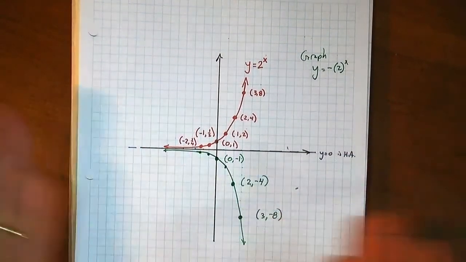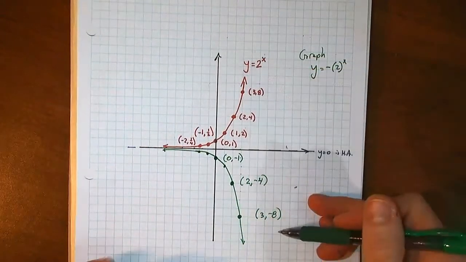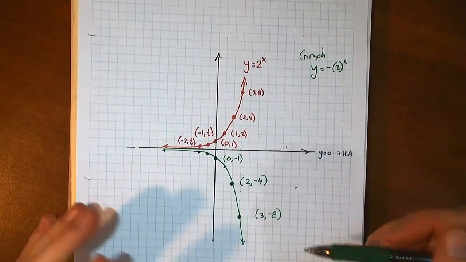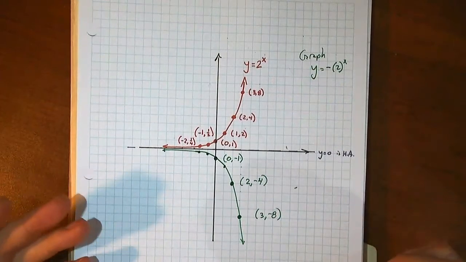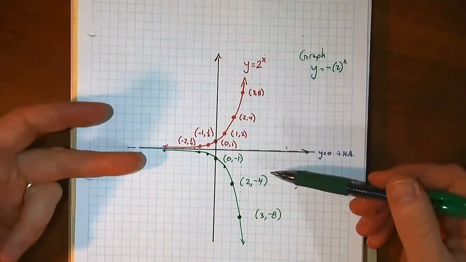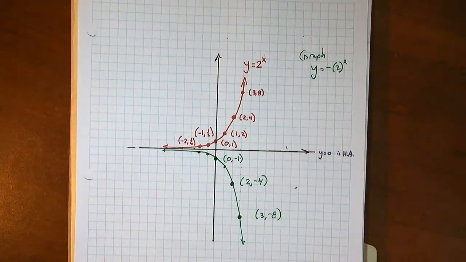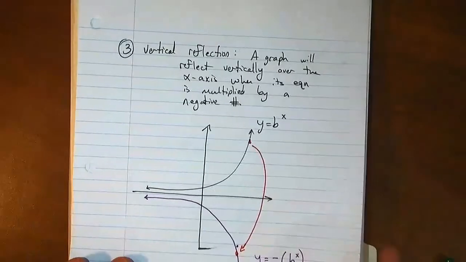None of my x values changed, so they still have the same domain, but all my y values just became negative. So maybe if you think about this, it seems to me that our range has changed. Our range used to be the positive numbers. Now the range, maybe it's the negative numbers. Okay, all right, so this is the basic idea. 3 rules in reverse order.